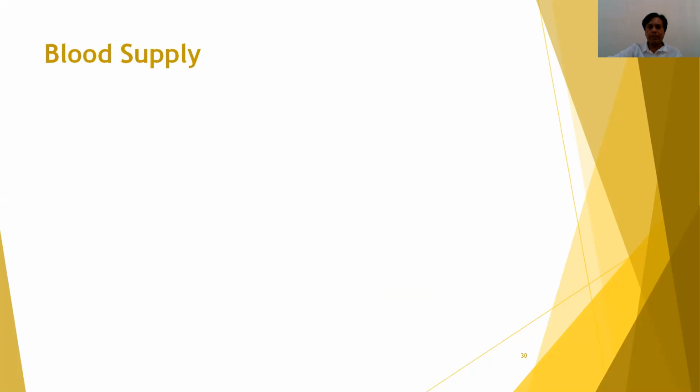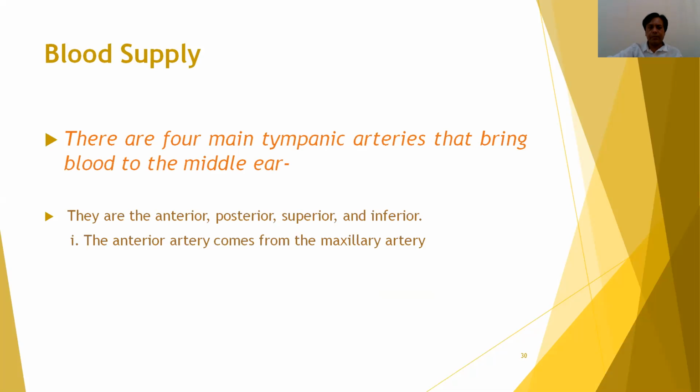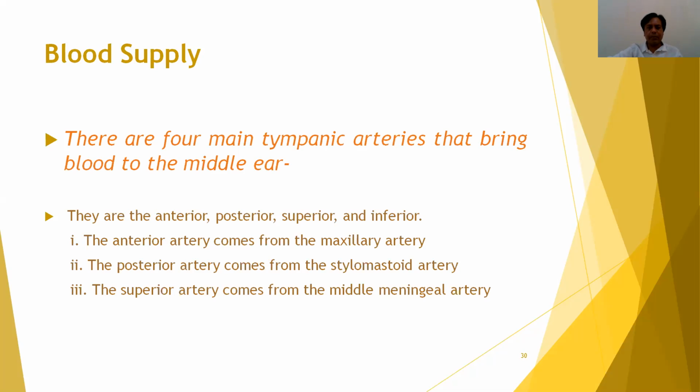Then blood supply of the middle ear. There are four main tympanic arteries that bring blood to the middle ear. They are anterior, posterior, superior, and inferior. The anterior artery comes from the maxillary artery. Posterior artery comes from the stylomastoid artery. Superior artery comes from the middle meningeal artery.